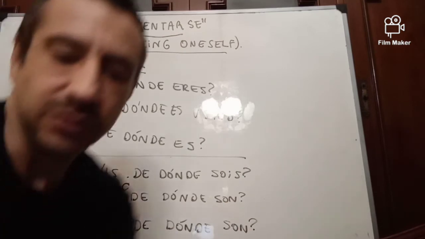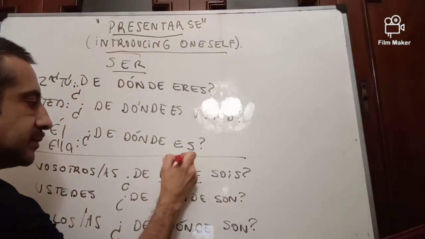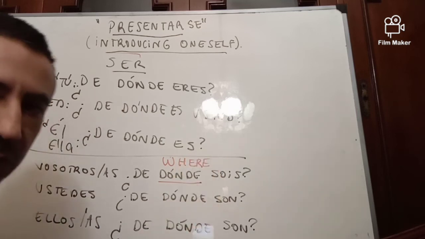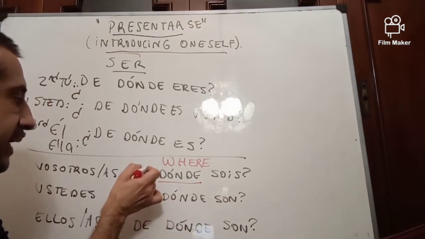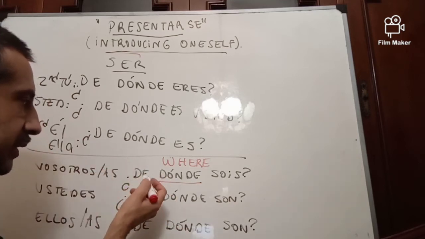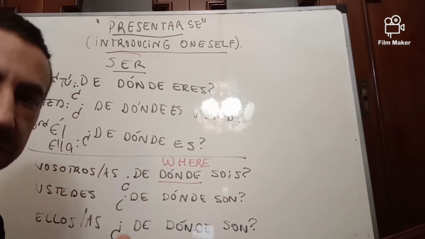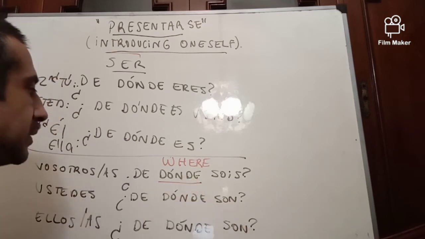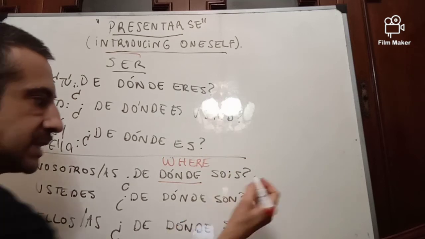So this, as you can guess, ¿dónde means where? ¿Dónde always means where? And I mean, the word order is not the same in English and in Spanish, so you put the "from", the preposition, at the end.